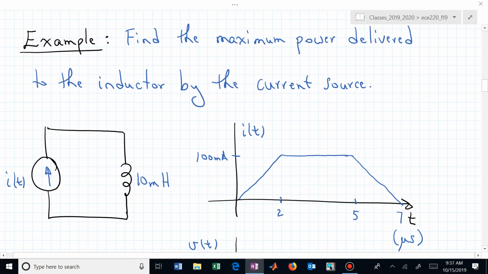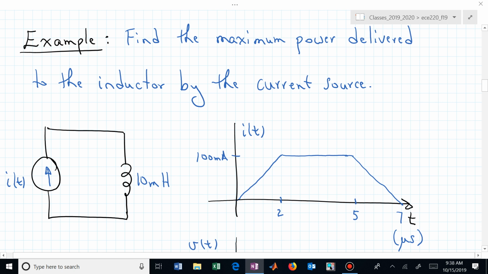Let's now use this knowledge of an inductor. Here we have a very basic circuit. We're simply applying a current through an independent current source to an inductor. The inductor is 10 millihenries, and we now are giving this inductor a trapezoidal current shape, applying that to the inductor, and we want to know what's the maximum power delivered to the inductor by the current source.